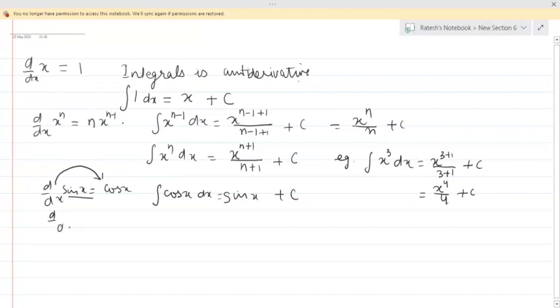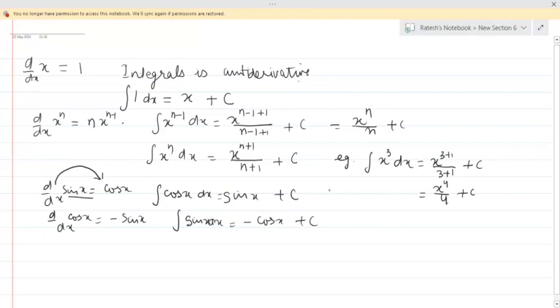Next formula: d/dx of cos x is equal to minus sin x. So according to the same approach, for the integral of sin x, this negative sign will be shifted to the other side. It will be equal to minus cos x plus c.